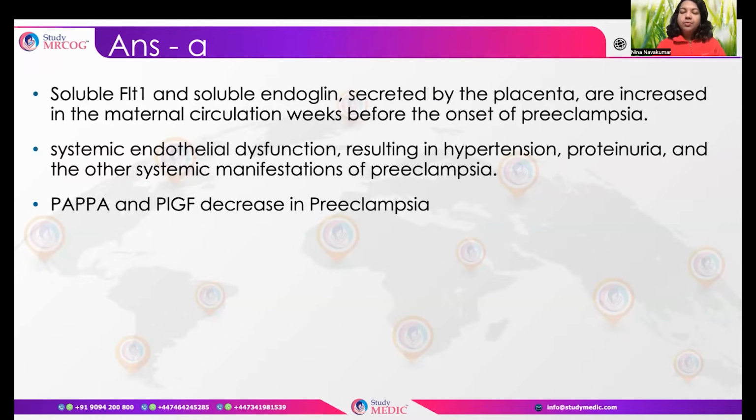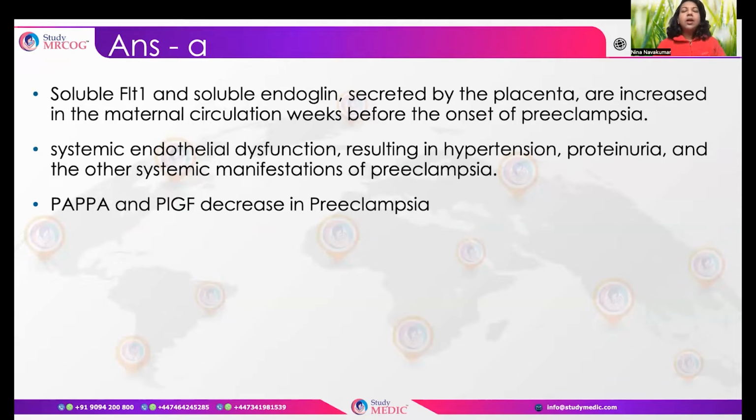Soluble FMS-like tyrosine kinase 1 factor and soluble endoglin are basically secreted from the placenta, and they usually increase in the maternal circulation even weeks before the onset of preeclampsia. And that can result in proteinuria, endothelial dysfunction, and other manifestations of preeclampsia.